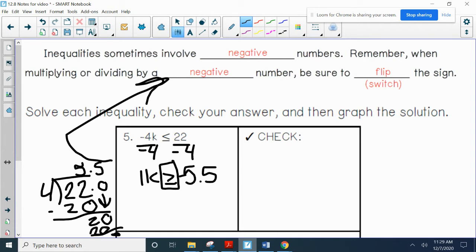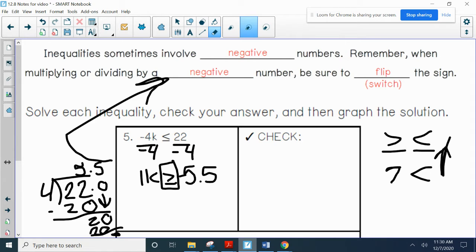If it was just greater than or less than, but it doesn't include the or equal to, that does not change. That never changes. The greater than becomes less than and vice versa. So both of them, greater than or equal to becomes less than or equal to. Greater than becomes less than, and less than becomes greater than. Never do you switch between these.